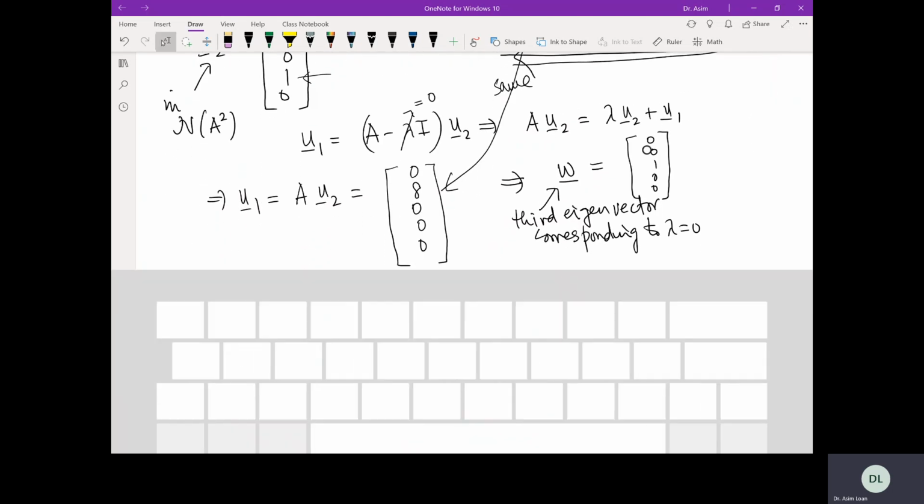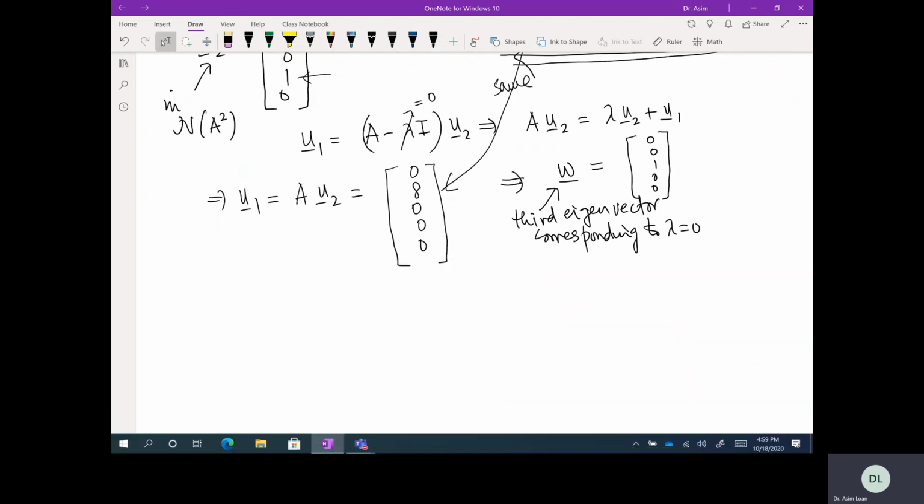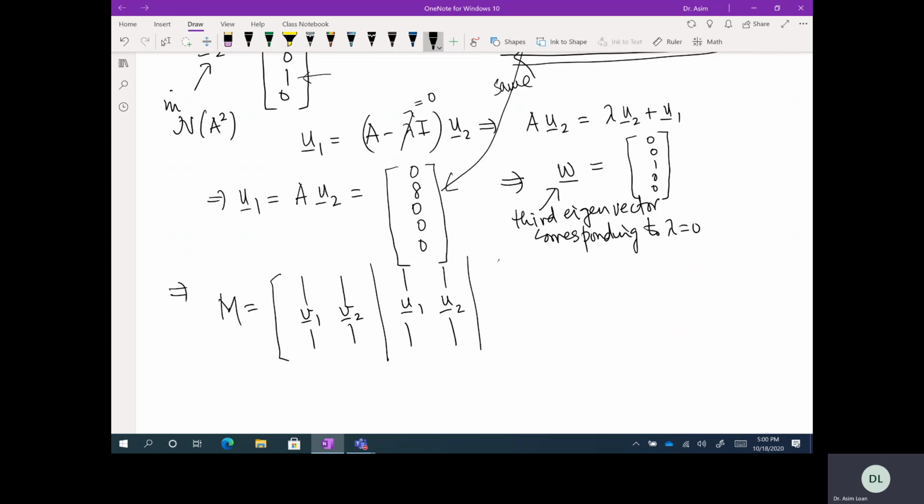So now I have M. So this implies my M is v1, v2, then I have u1, and I have u2, and then I have w. Why have I selected like this?